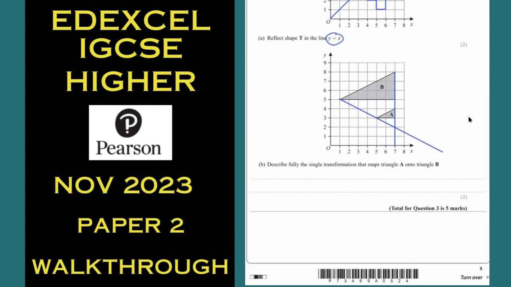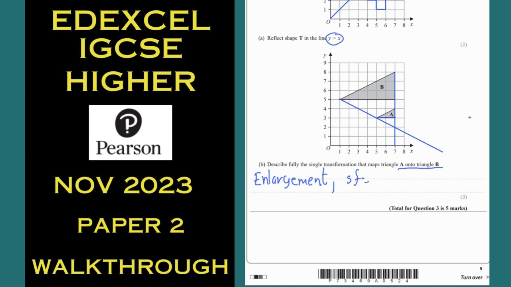Part B, describe fully. So it's not the same size. So you've got to have, for one of your 3 marks, you've got to state the obvious. It's an enlargement. Also, make sure you get it the right way round. Are we going from B to A or A to B? So it's getting bigger. So we have a scale factor.